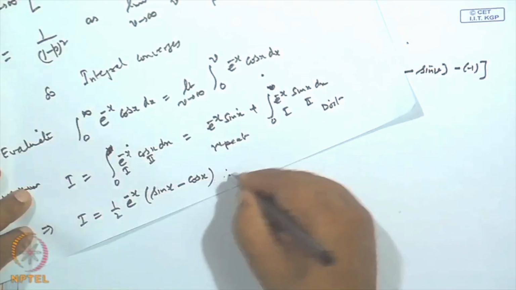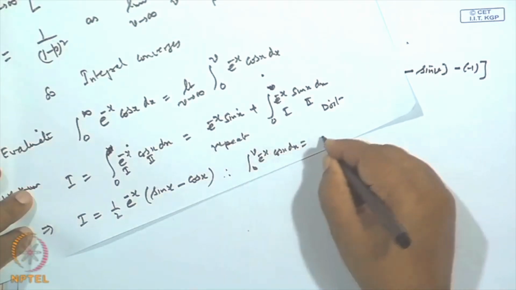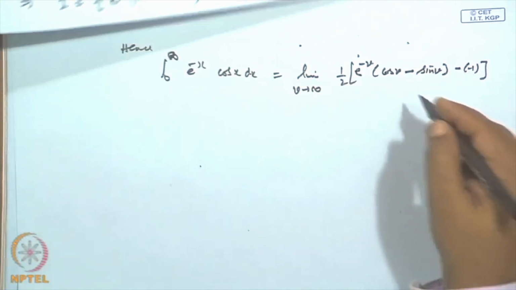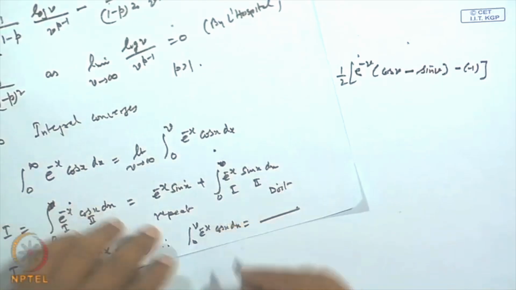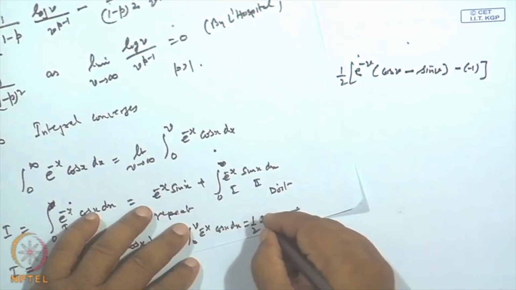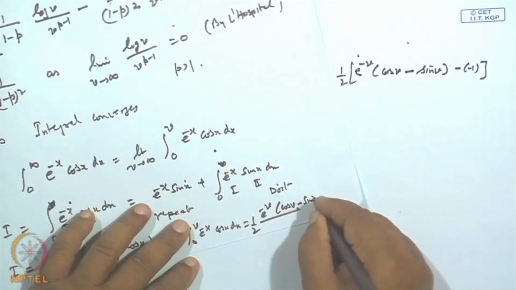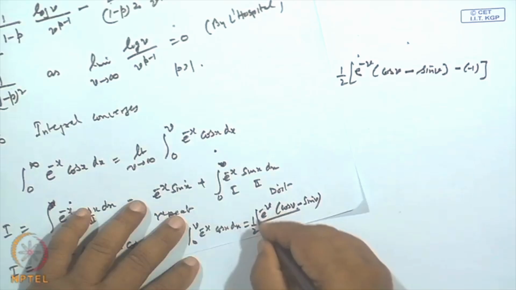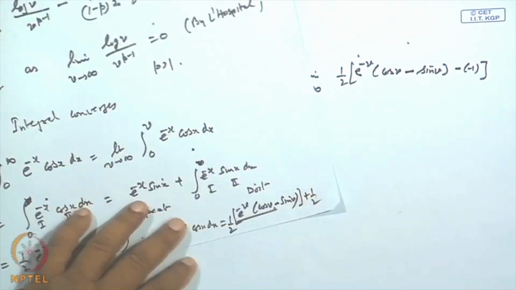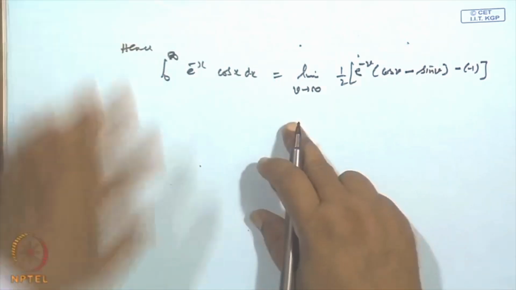Okay, half of this is half e to the power minus b, cosine b minus sine b, and then plus half, this you will get. So we take the limit of this as b tends to infinity.